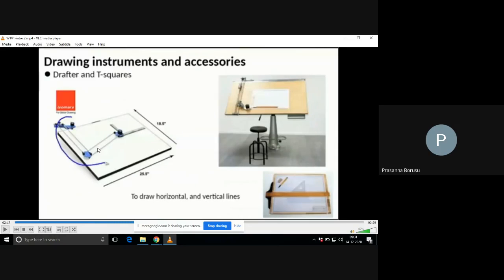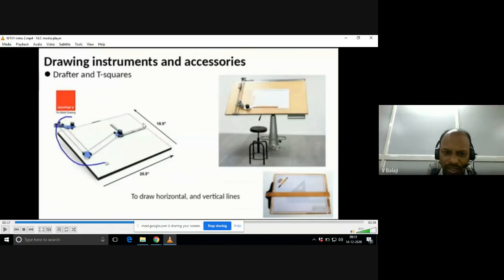Are you able to see the drafter? Yes, sir. So you can see the drawing board. Upon the drawing board, the drawing sheet is fixed, and upon the drawing sheet, the mini drafter is fixed at the top left corner of the drawing board.